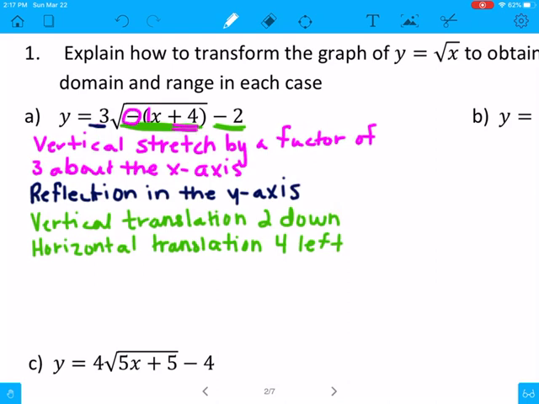It was at 0, it's now been 4 to the left. So now it's at negative 4. So my domain is going to be x such that x is less than or equal to negative 4, x in R.